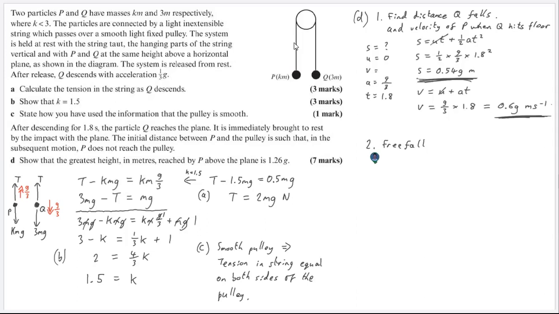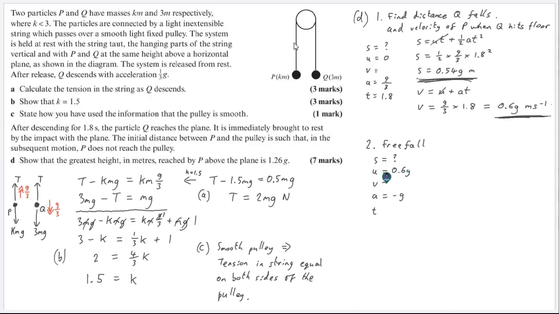So let's see what we know about that. We know it's constant acceleration, but this time A is just going to be negative G, because the only force acting on that object is its weight. We want to know S, because that will give us information about how high it is. U, the start of this motion, is the V from the end of the previous phase, so we can put that in as 0.6 G, and it's positive because it's moving up.